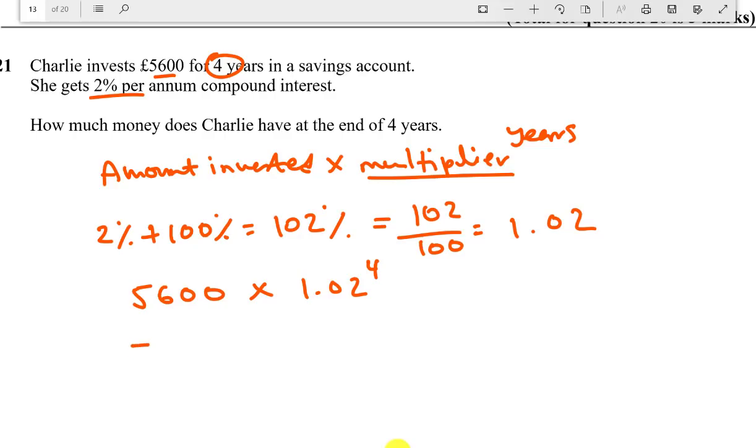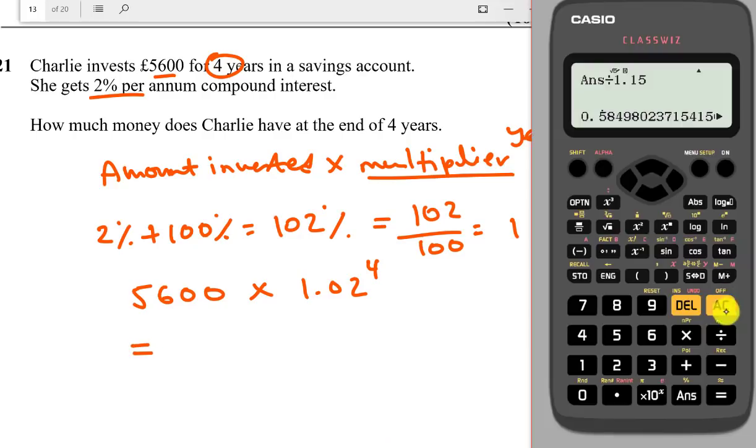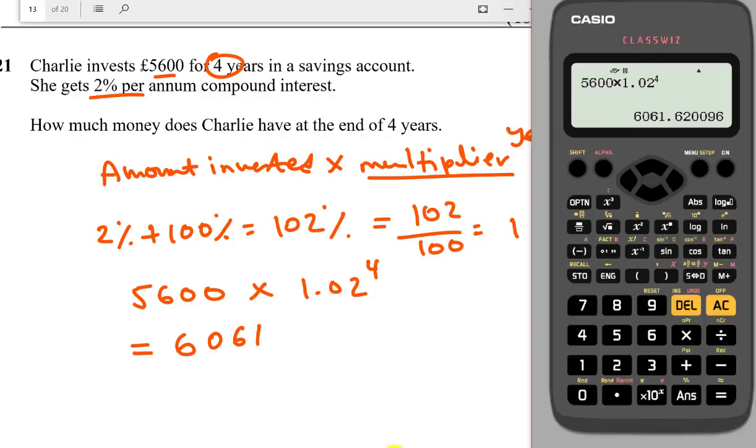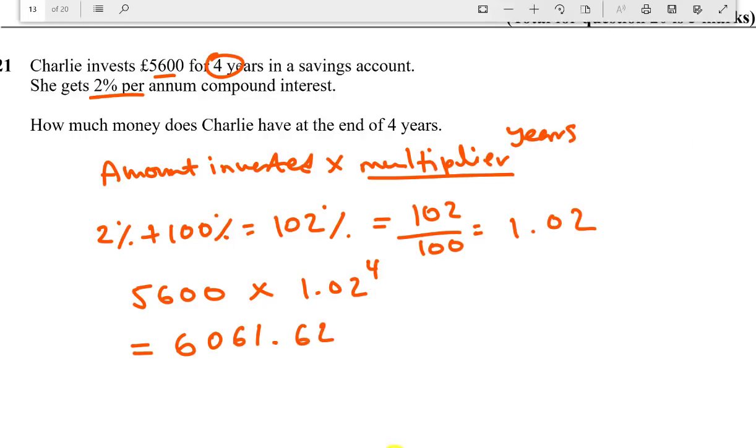Let's type this in the calculator. So 5,600 times by 1.02, and press this button here where it says x to the power of, so you can enter the power, which is 4, and then press the right arrow button and then press equal, and that gives us an answer of £6,061.62, and that's our answer.